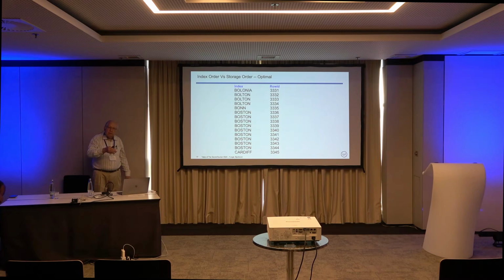Not only are you eliminating seeks, but you're also getting blocks that have multiple records in them. So you read a block, it's got maybe 10 records that you wanted all together, so you're reducing the amount of I/O for that operation. Now, unfortunately, the physical order can only match one index. So the other indexes won't have this same property.